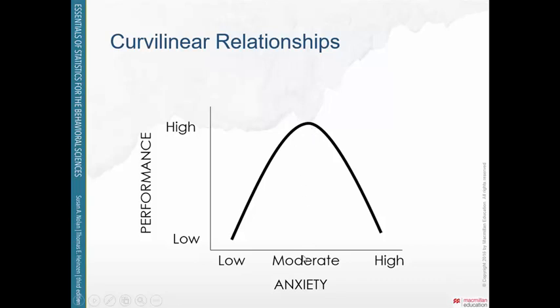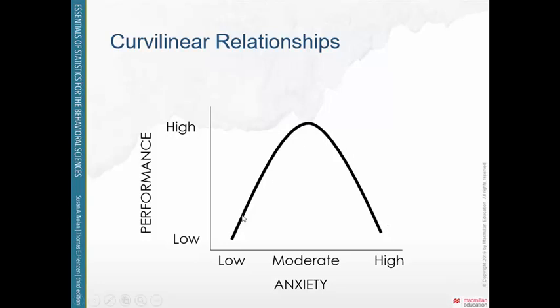These are people who think, oh my gosh, I have a test coming up, I am a little bit nervous, this week I'm not going to hang out with my friends, I'm going to instead go to the library, and the night before I'm going to get some good sleep, and then they come in and do the best. So curvilinear relationships, this is when an increase in one variable, like an increase in anxiety, tends to lead to both increases and decreases in the other variable.